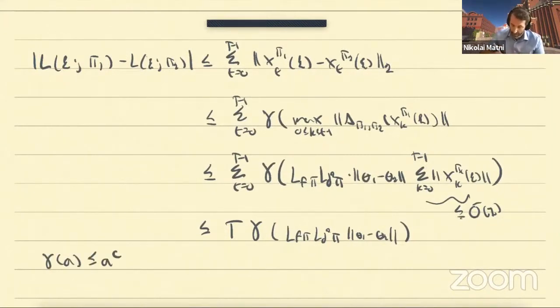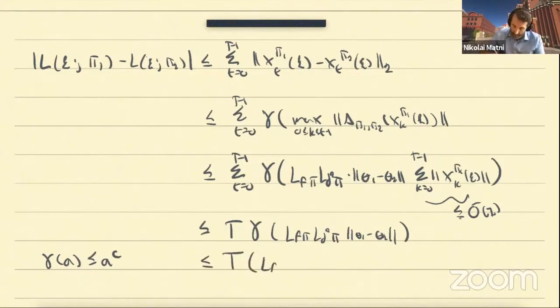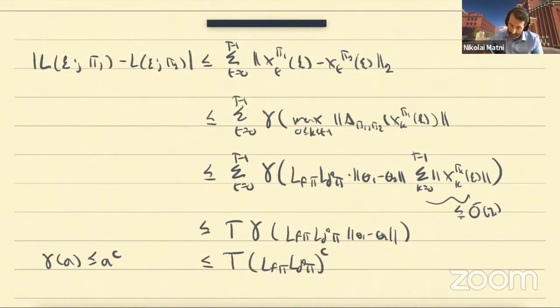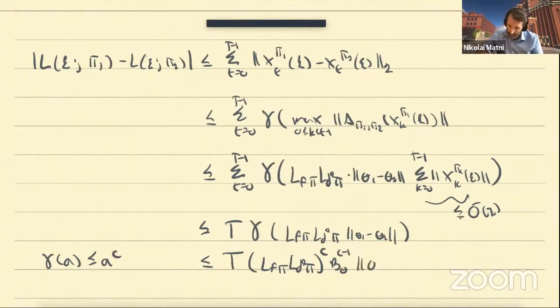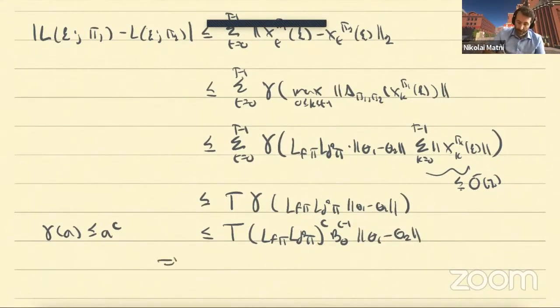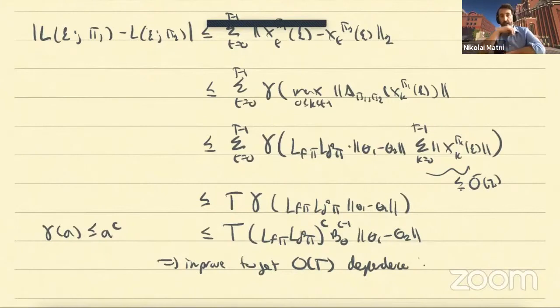Then I can bound this by T times LF times L del squared pi, all to the C. Now I can take a bound on theta and pull out C minus 1 of those, leaving theta 1 minus theta 2. Okay, so all of this is to show that we're able to improve to get order T dependence. As opposed to having this exponential dependence, we end up with order T dependence.